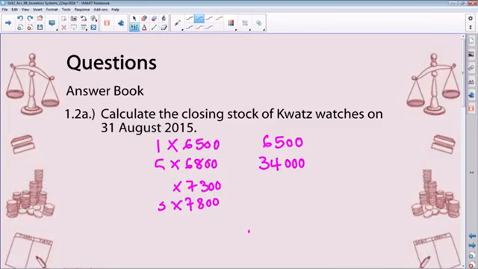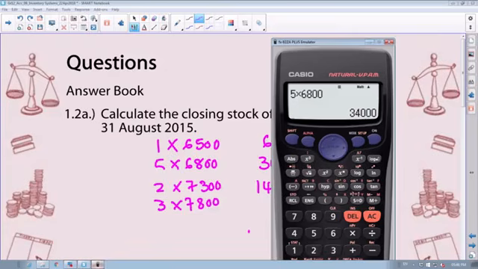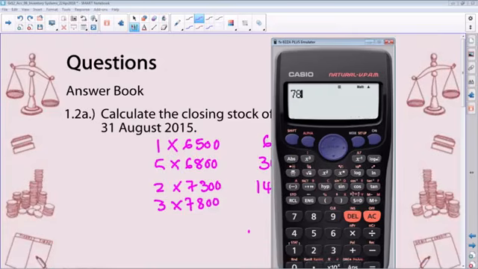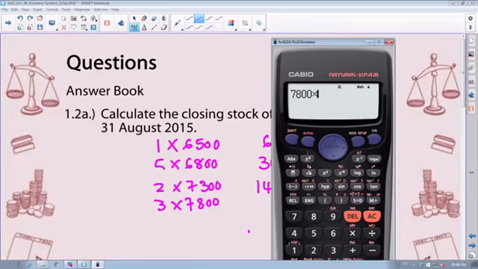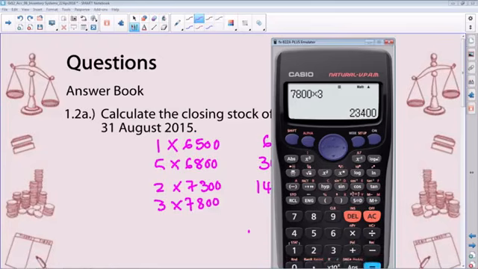So therefore, it's 2 at 7,300, which will give me 14,600. And we had 3 at 7,800, which will give us 7,800 times 3 is equal to 23,400.